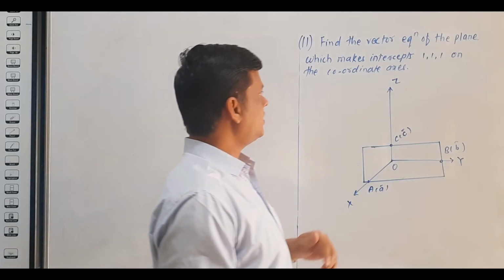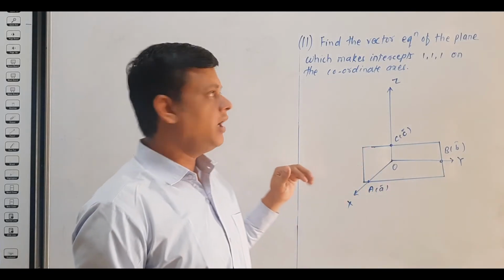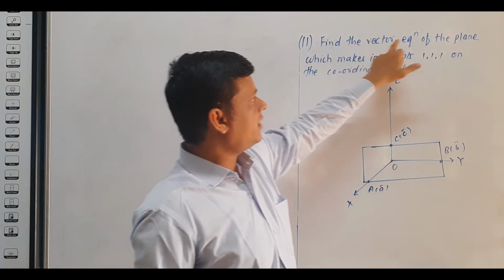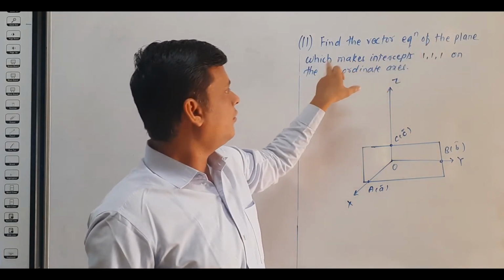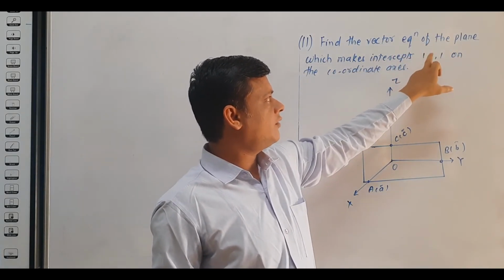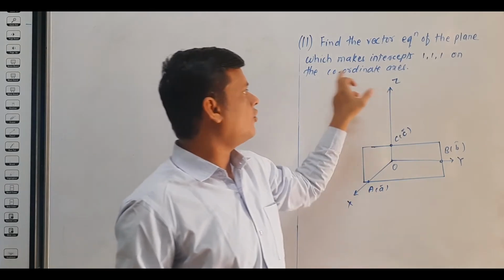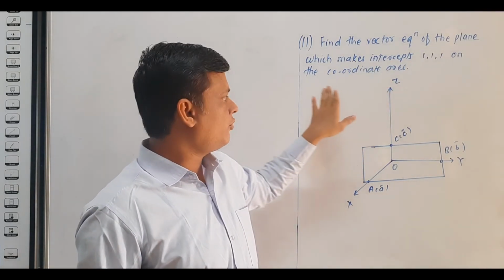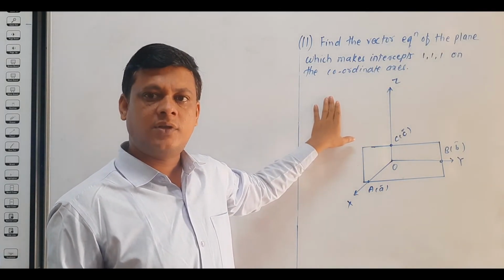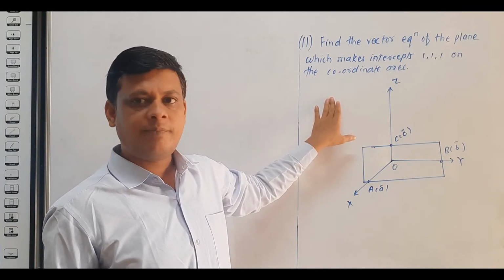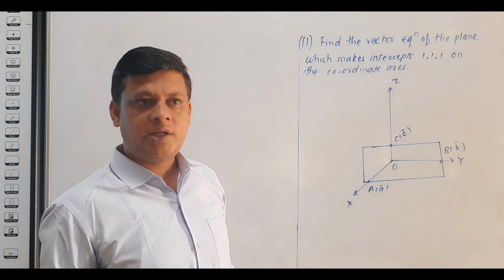Now see the last question of this exercise, question number 11. Find the vector equation of the plane which makes intercept 1, 1, 1 on the coordinate axis. So for this we prove one theorem: the vector equation of a plane passing through three non-collinear points.